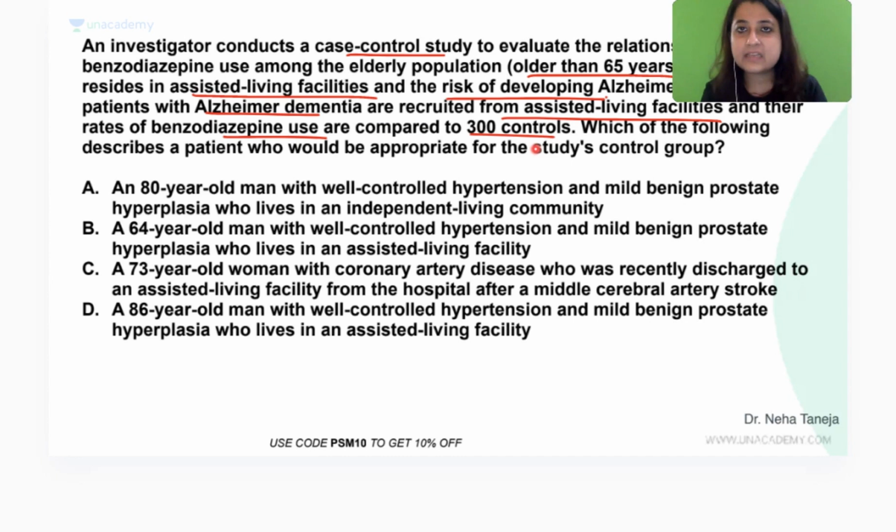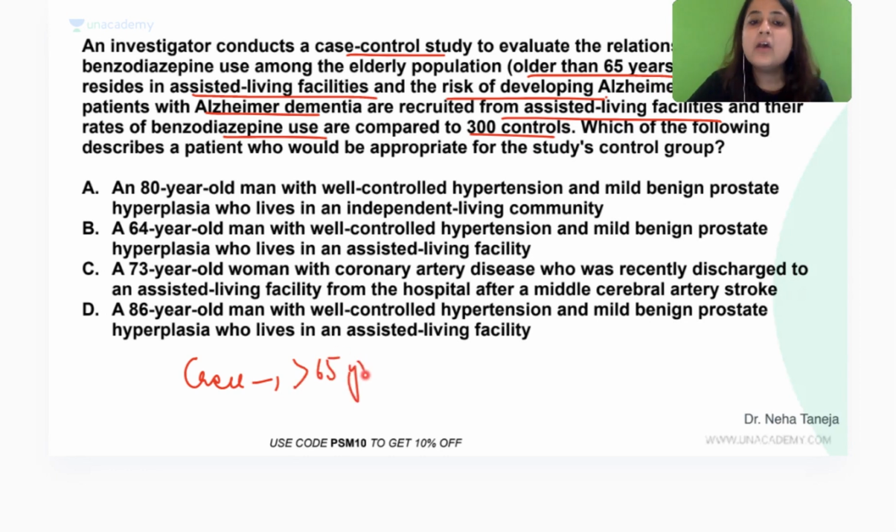So we have a proper case control study. Where have I taken the cases from? People who are older than 65 years, one thing. What is the other thing that you notice in the cases, guys? You've taken them from assisted living facilities, okay? And you've asked the rate of benzodiazepine.